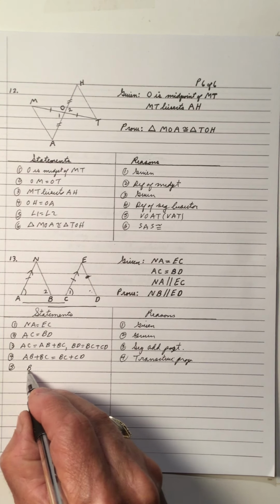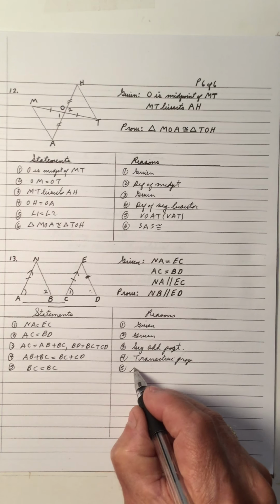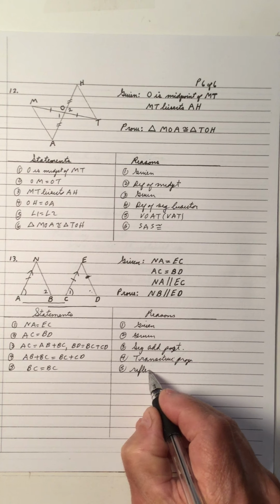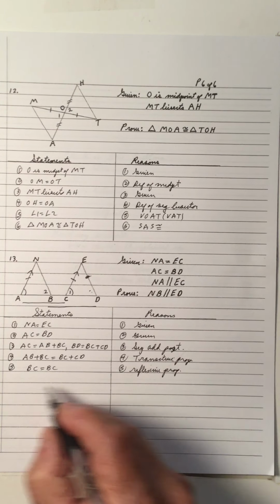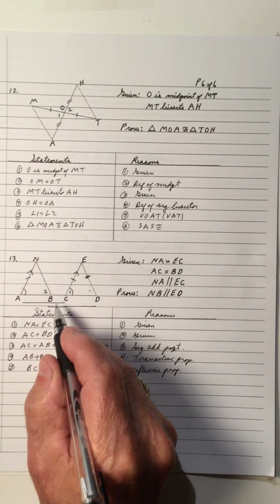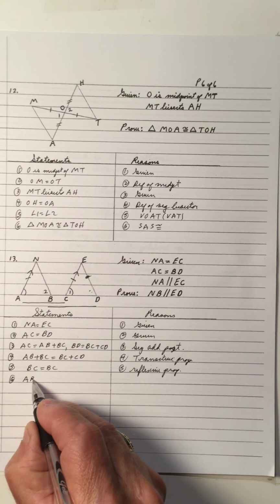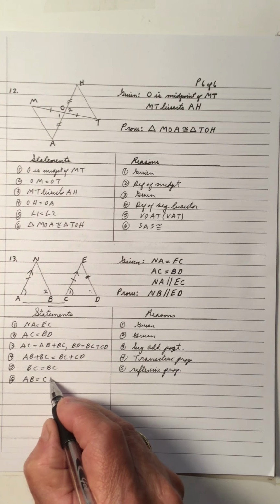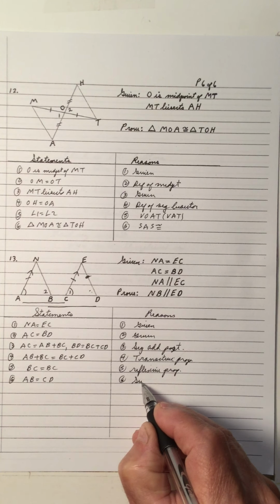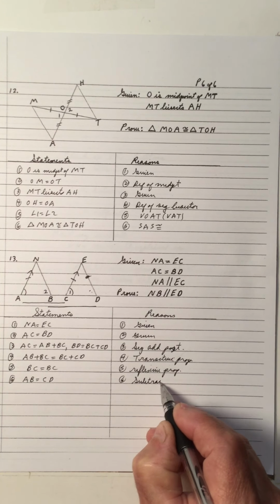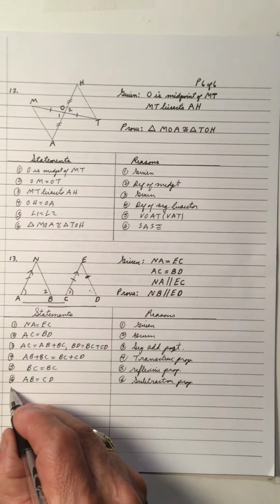Now we have BC is equal to BC, reflexive property. And it says BC is equal to itself. And as a result, we'll have AB equal to CD by subtraction property of equality.